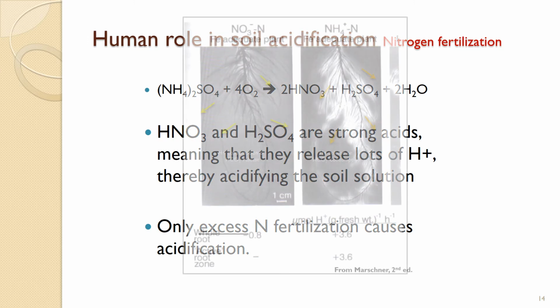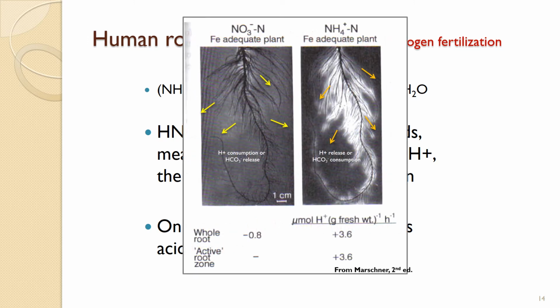Here you can see two plants, and you can see on the left that the proton is consumed and bicarbonate is released, whereas on the right we see a significant amount of proton release when ammonium is added instead of nitrate to the soil.